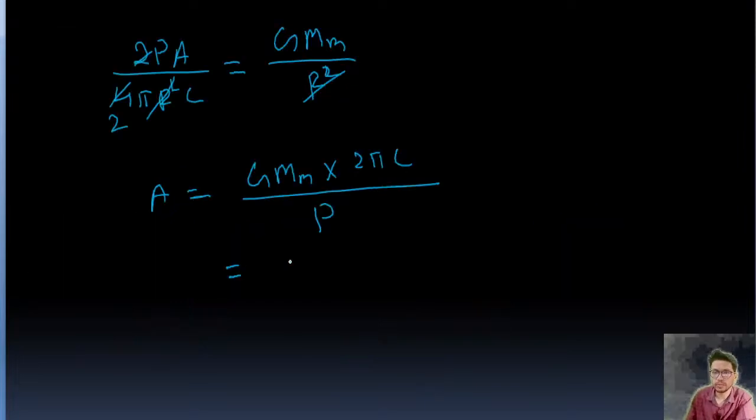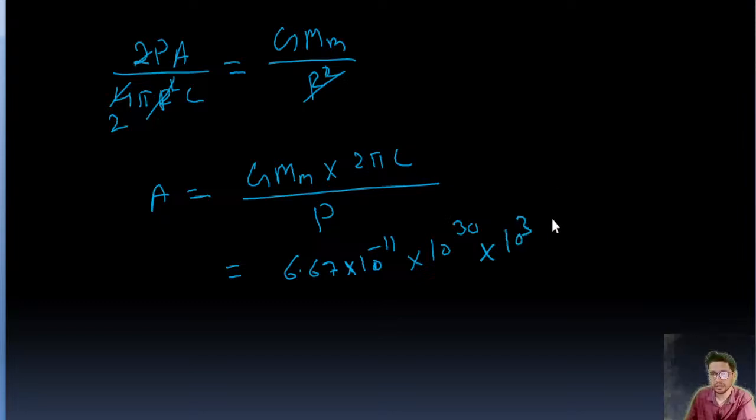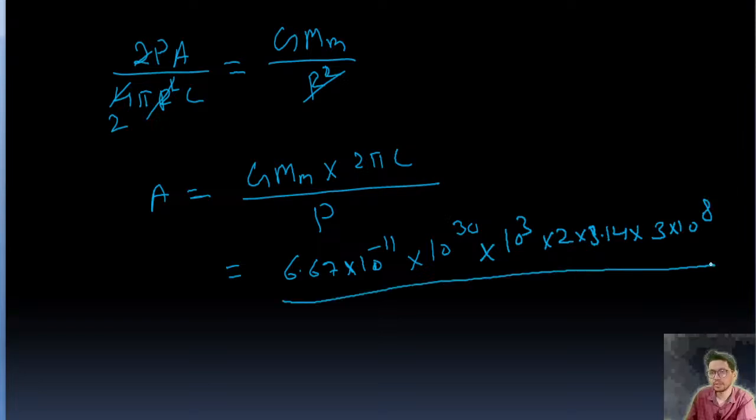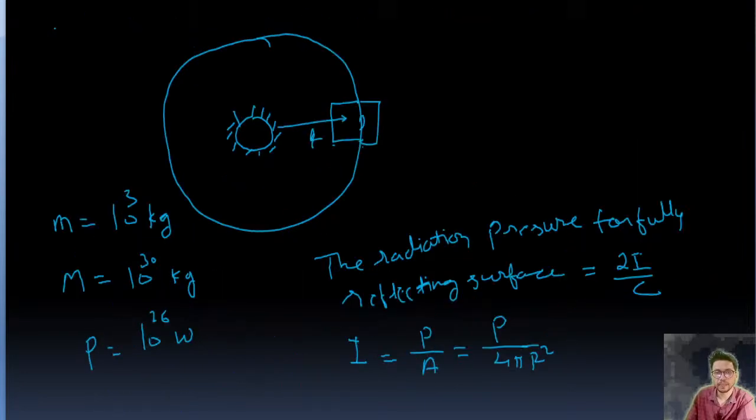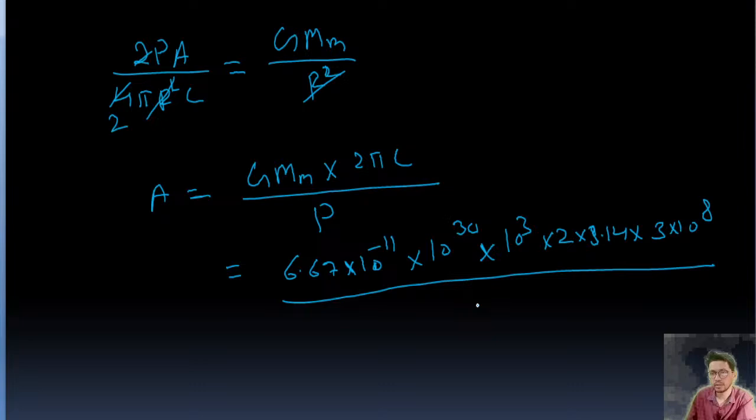Now we'll put in the values. G is 6.67 into 10 to the power minus 11, mass of sun is 10 to the power 30, and m is 1000 kg, the mass of the spacecraft, 10 to the power 3 kg, and 2 into 3.14 into c, which is 3 into 10 to the power 8, upon the power given, 10 to the power 26 watt.